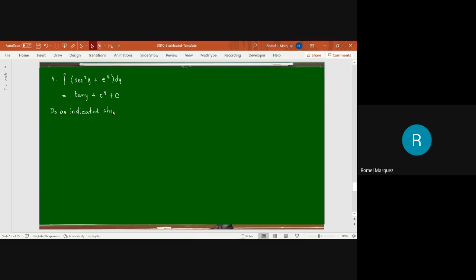Okay, number 1. So let's say we're given integral of f of x dx, and that is equal to 3x squared plus 4 e to the y plus c.